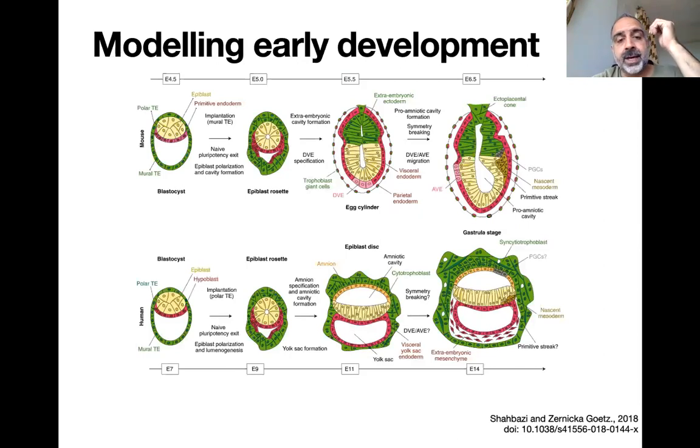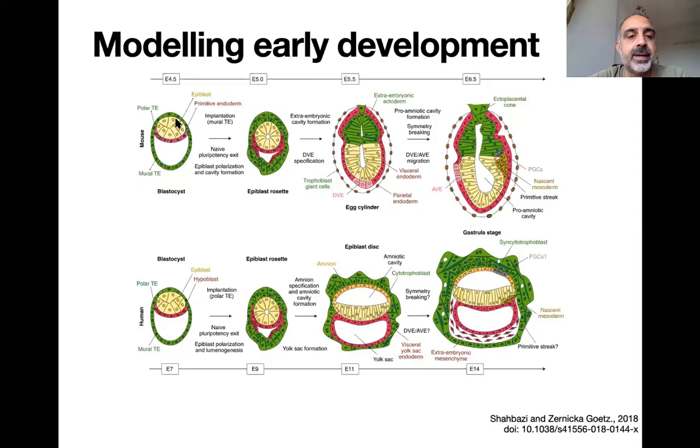One thing that is mysterious when we're thinking about human development is the very earliest stages, and so what you're looking at here is a comparison between the mouse and the human during the process of implantation, essentially. A mouse, of course, is very easy to obtain.